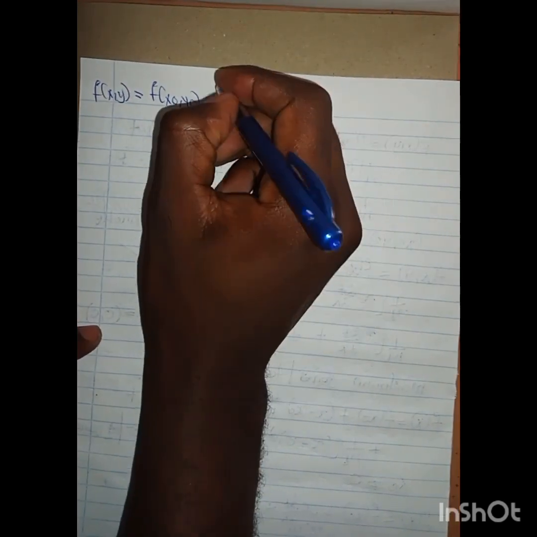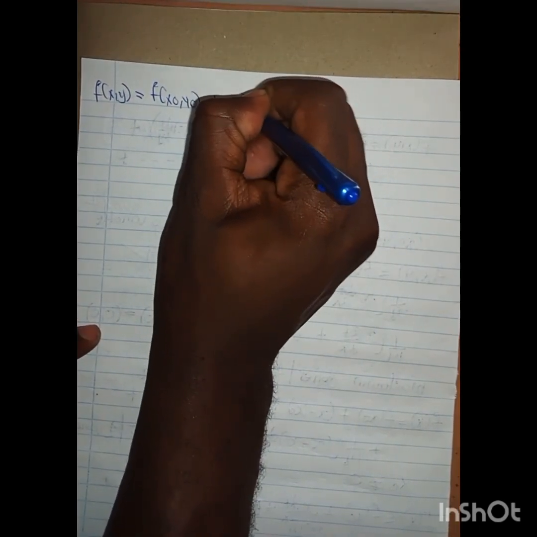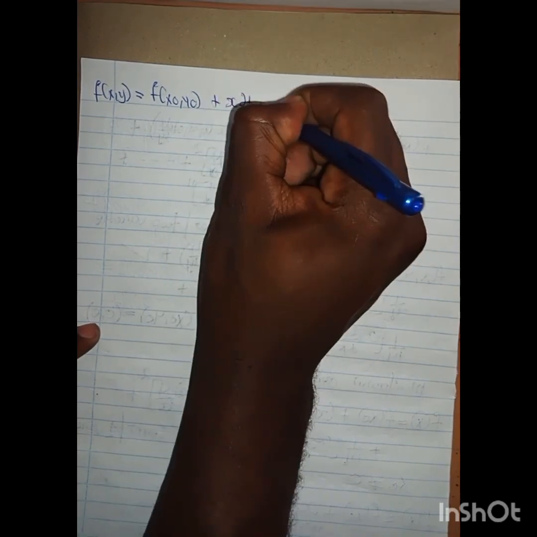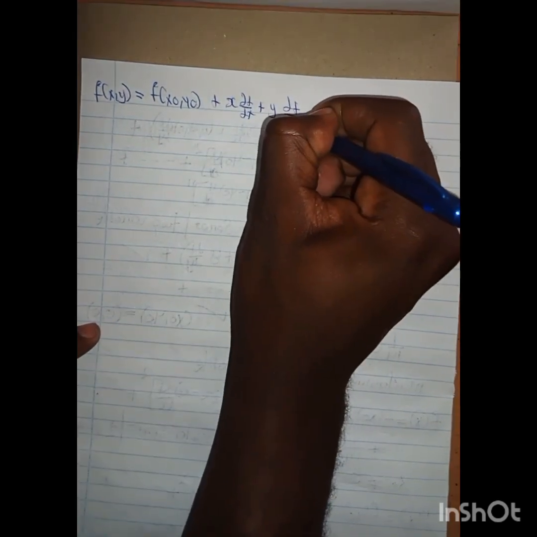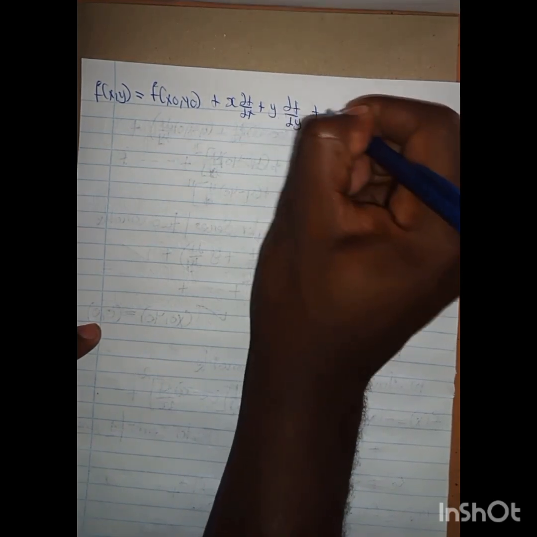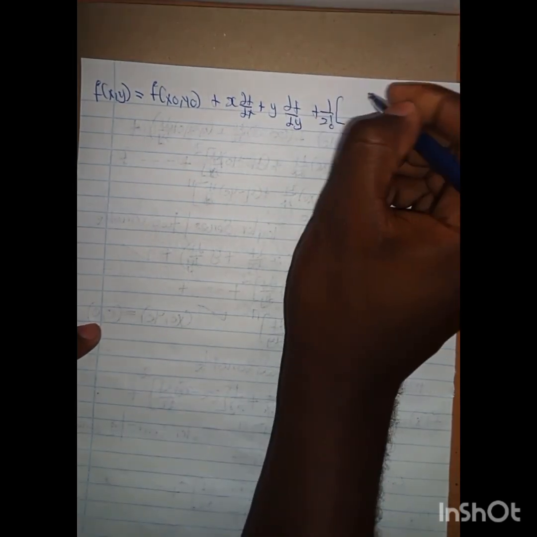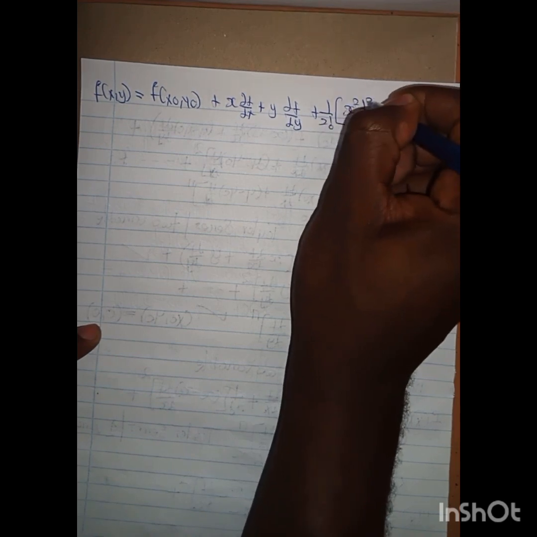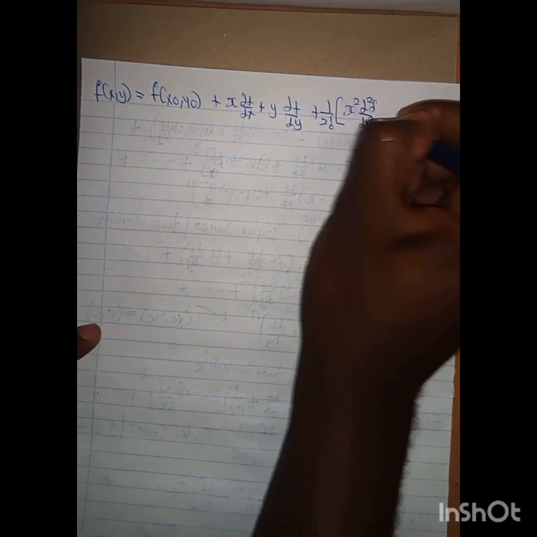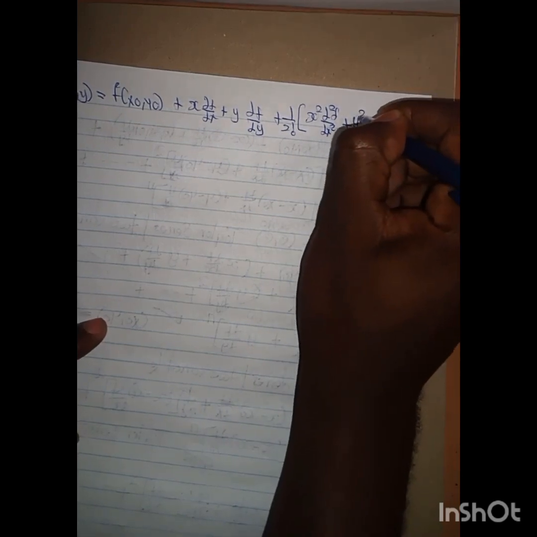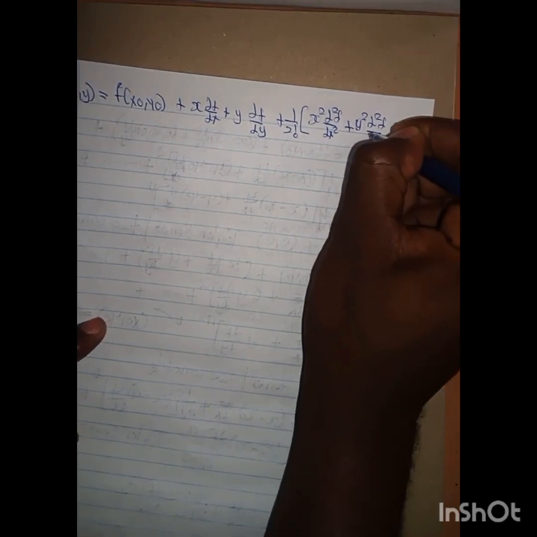I'll write the following equation, f of xy. We've said that we found f of x naught, y naught plus x df dx plus y df dy plus 1 over 2 factorial x squared d squared f over dx squared plus y squared d squared f over dy squared.